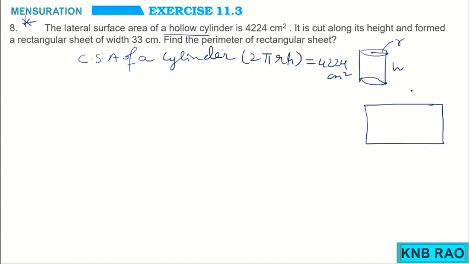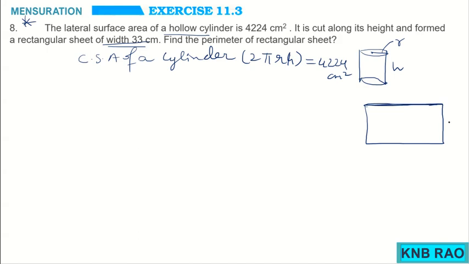Remember children, here the confusion comes: should I take H as 33 or this portion as 33? Normally here we call this portion the length, this portion the breadth. Now they gave us width as 33 centimeter.